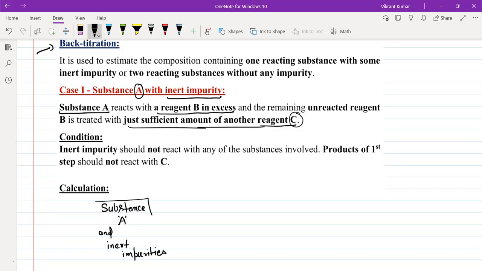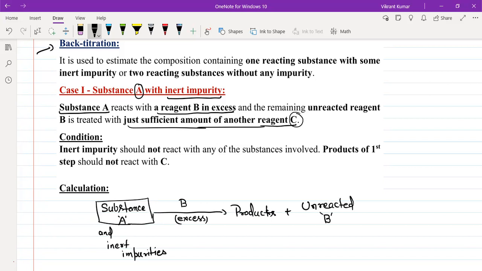Now that substance A is reacting with B, and B was in excess. So what will happen? Some products will be formed, but some B will remain unreacted, excess में. So plus unreacted B. Okay.